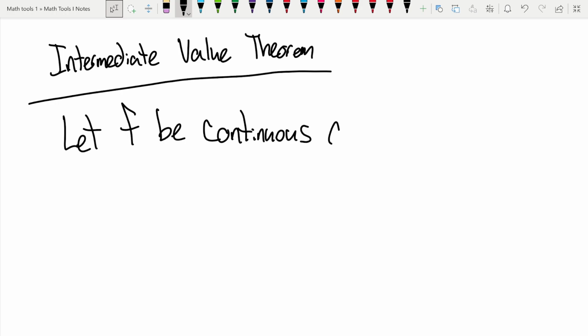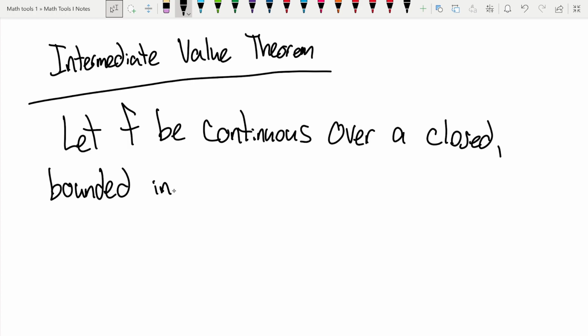So let f be continuous over a closed, bounded interval [a, b]. Okay, so first of all, what closed means is that the endpoints are included, of course. And bounded here means that it's finite, right? So it's not going to negative infinity or infinity either on the outputs or on the inputs.